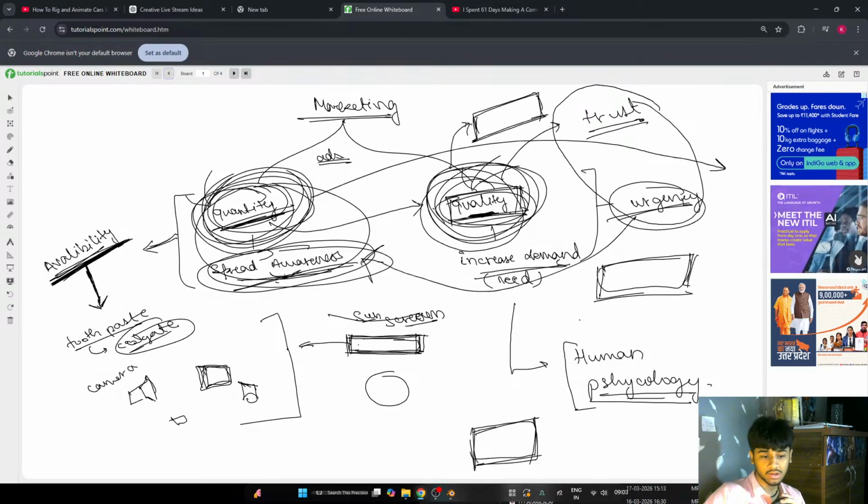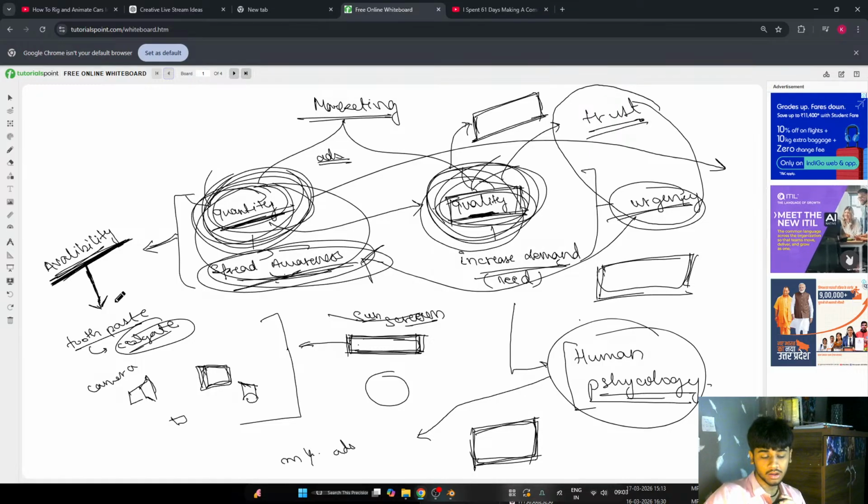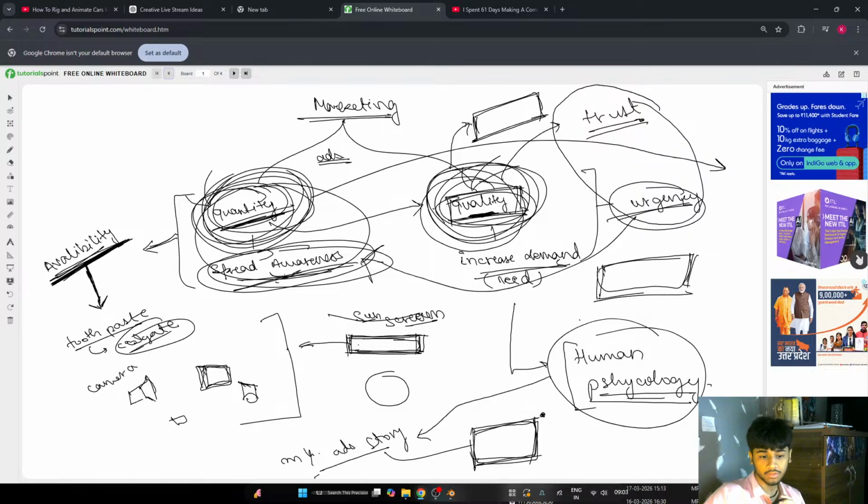I'll also be using AI tools to understand human psychology, and according to that, I will reframe my creative ad story, and use the AI to refine it, and then use it as the real one.